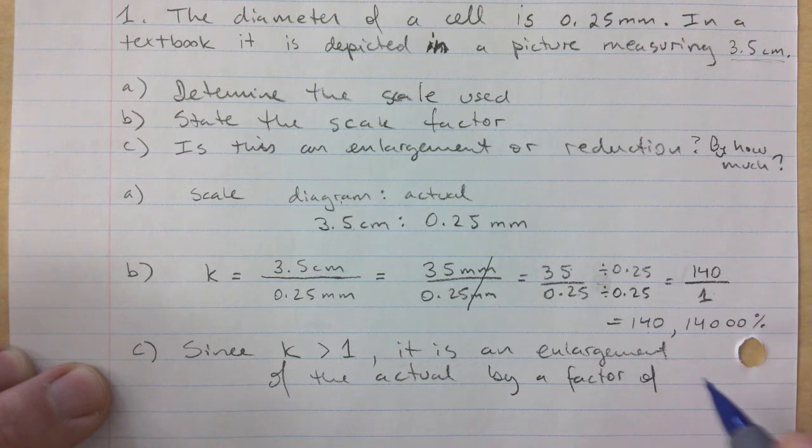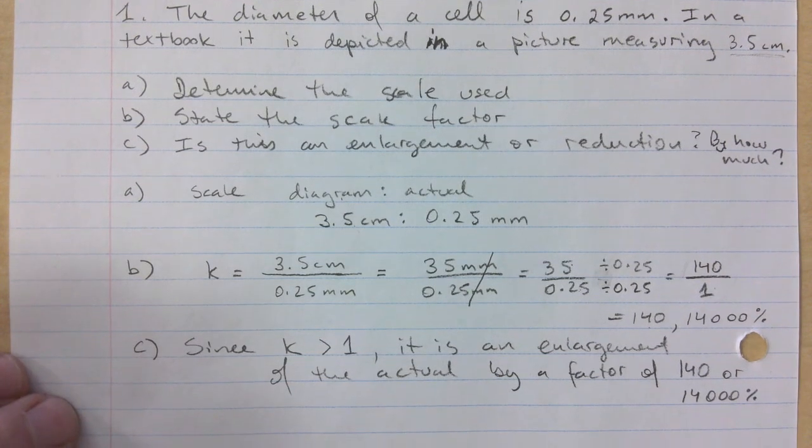You don't want the 1, right? And 30 or 14,000%. There it is.